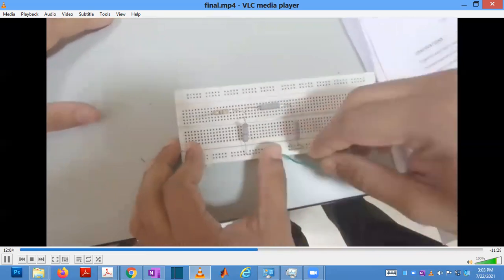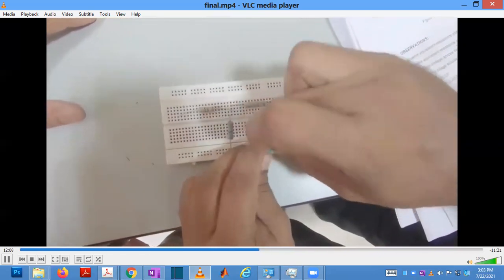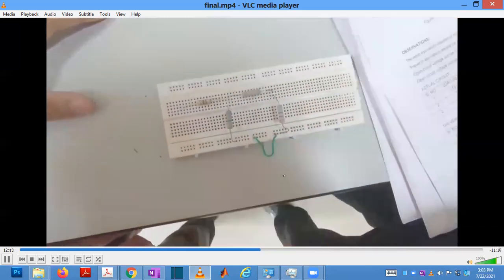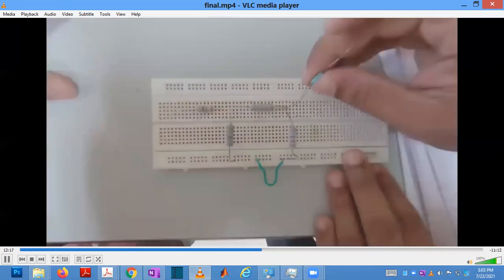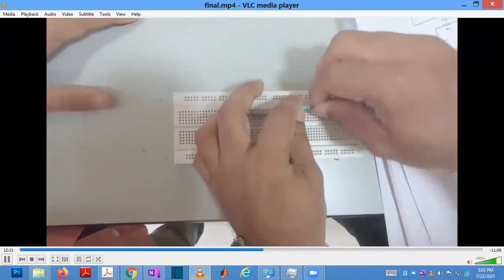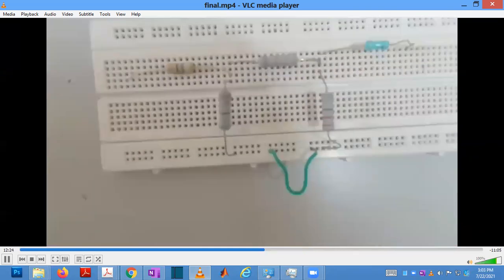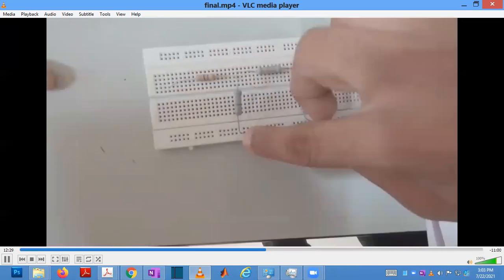Now I have to short circuit these two points, and connect the last 1 ohm resistor. So the connection for finding RTH is ready.